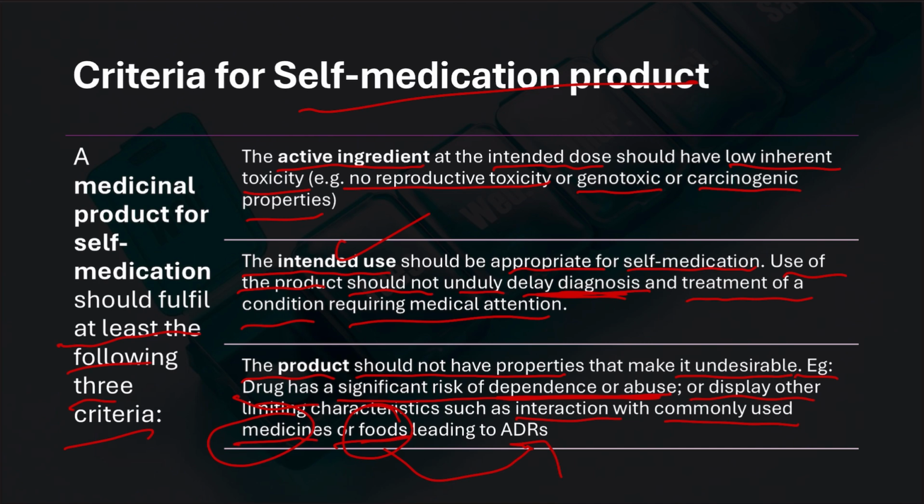So it should not have a tendency of abuse or dependence, and it should not interact with other drugs or with the food we normally take. If these three criteria are met, then only can the product be self-medicated.